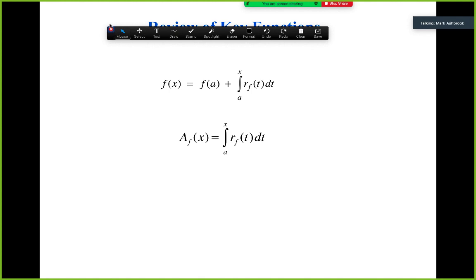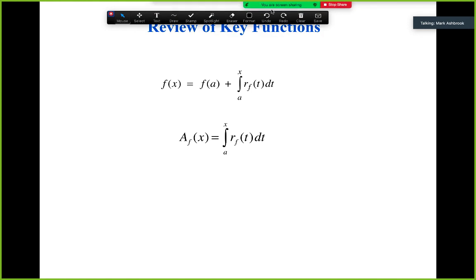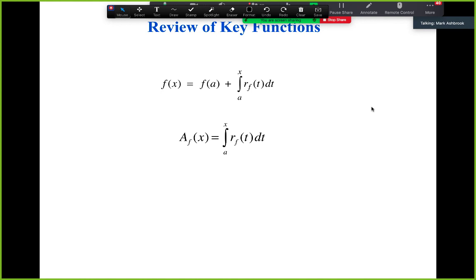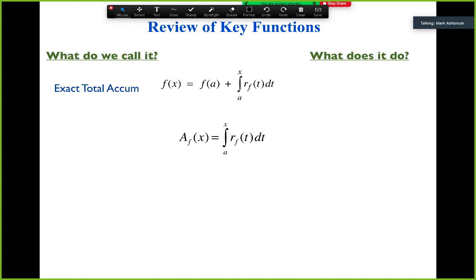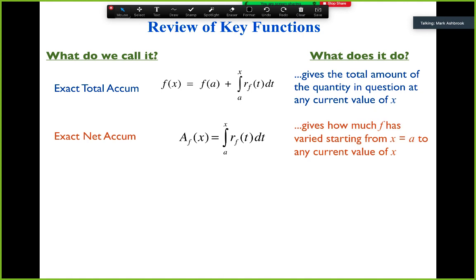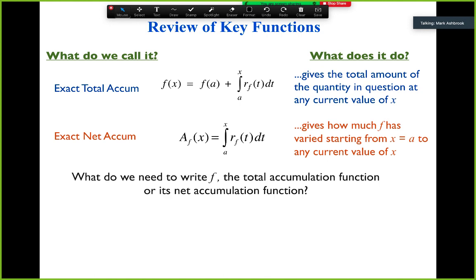Okay, so just quickly again, and then we'll take this to the next step here. So the review of the key functions: we've got the exact total accumulation and exact net accumulation, and we know that in order to write those in a particular problem, we need the rate of change function.